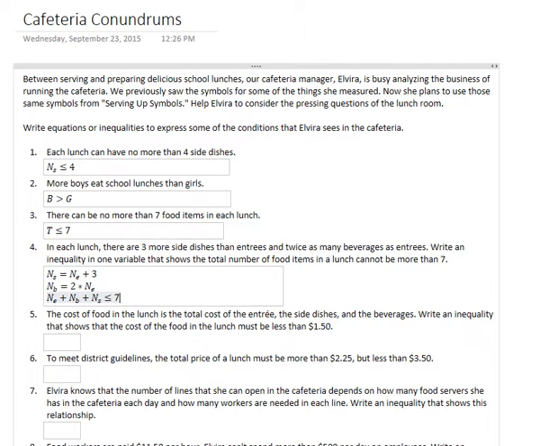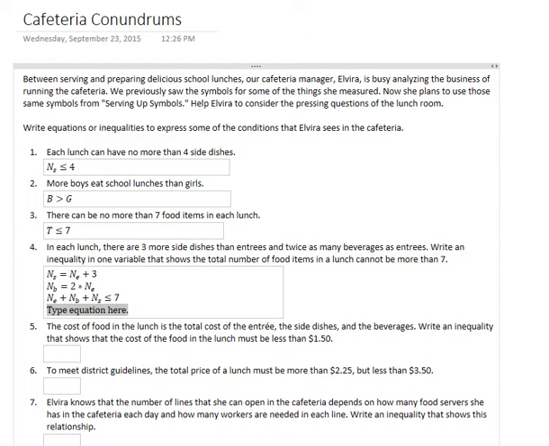Well, we know how to talk about beverages in terms of entrees. We can also talk about sides in terms of entrees. We can plug in what we know. The number of entrees stays the same, and instead of number of beverages, I'm going to put 2 times my number of entrees, plus my number of entrees plus 3. And that is still less than or equal to 7. Alright, we can leave it here.